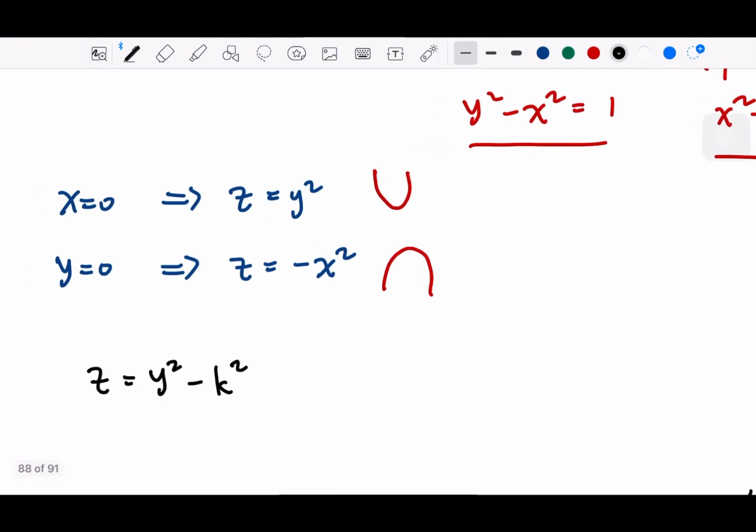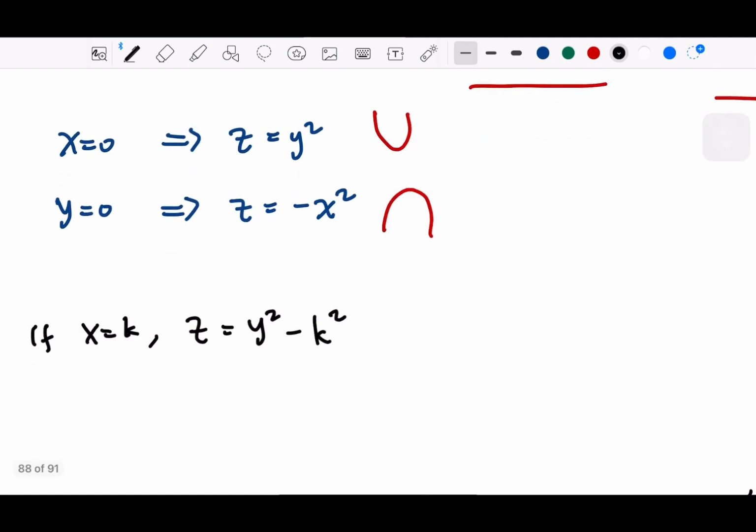Okay, let's say this. If x is a constant k, then we will have these equations.